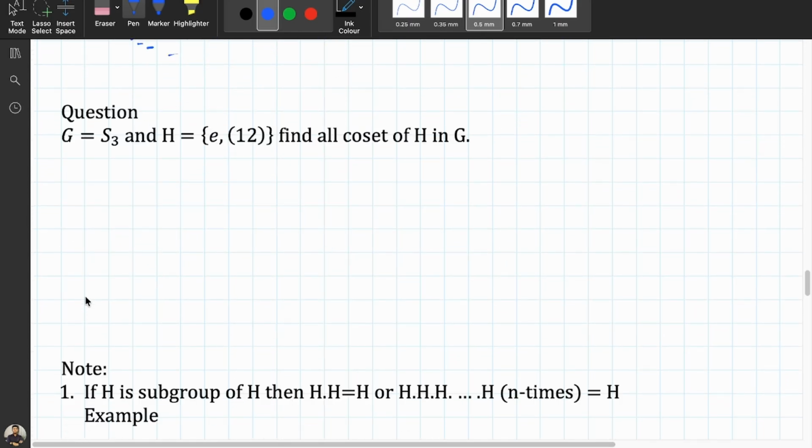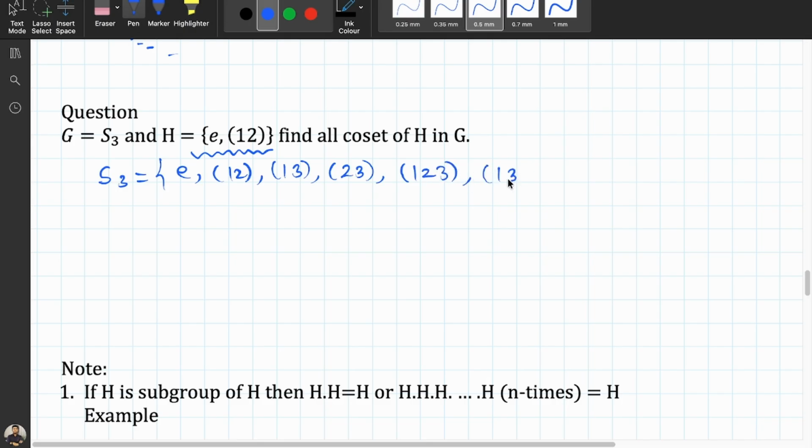Next come to S3. How can we find the cosets of S3, where a subset is given like this? Okay, subset is given like this. H is identity, (1 2) and so on. How can we find it? Simply, what is S3? S3 is identity, (1 2), (1 3), (1 2 3) and so on.